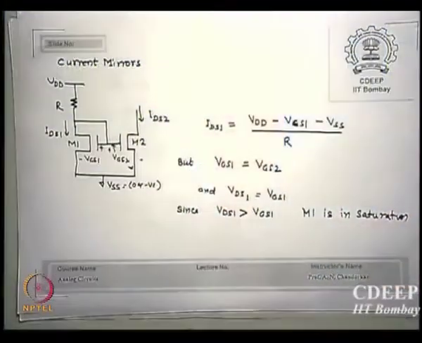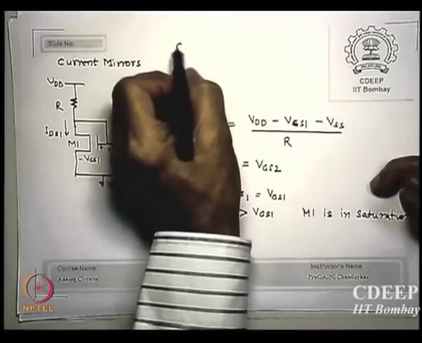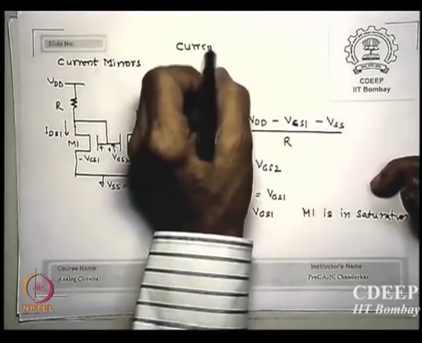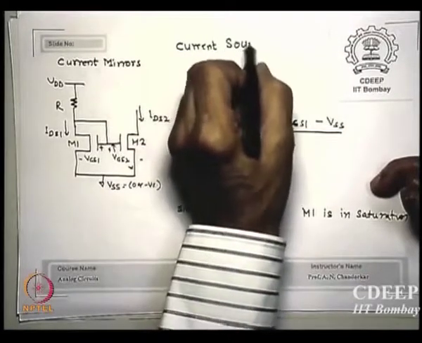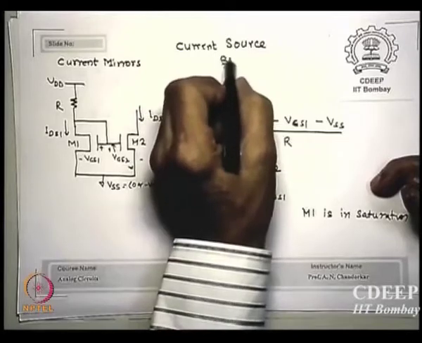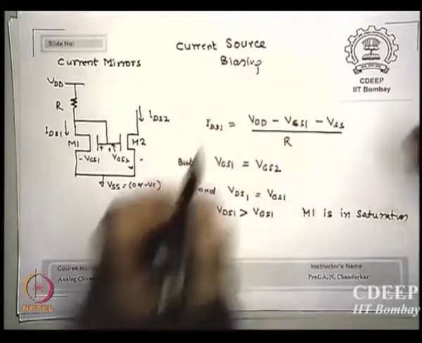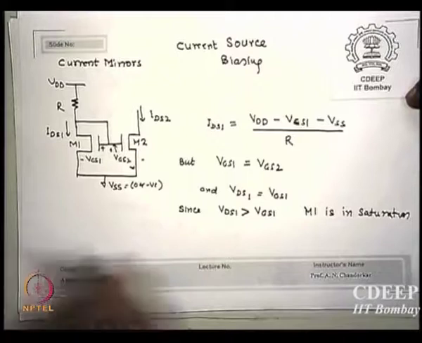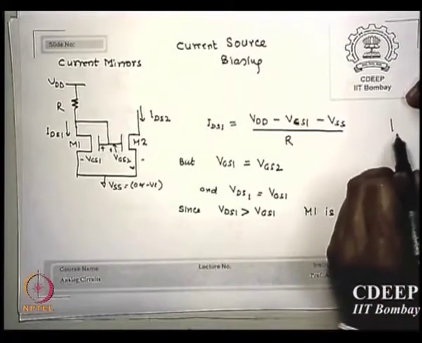There is another way of biasing a MOS transistor. Let's say this is the transistor. It is called current biasing, or current source biasing. Yesterday or some days ago I solved a circuit for you, an amplifier, which I showed you with this kind of biasing.